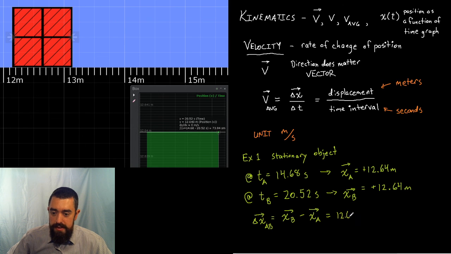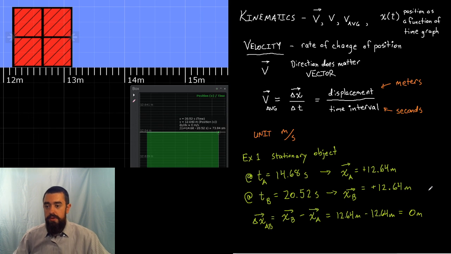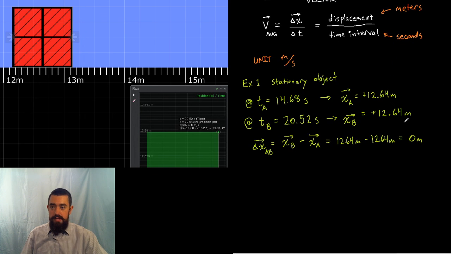So 12.64 meters minus 12.64 meters, that's 0 meters. Okay, so the displacement was 0 meters throughout this. So the velocity would be the displacement divided by time.